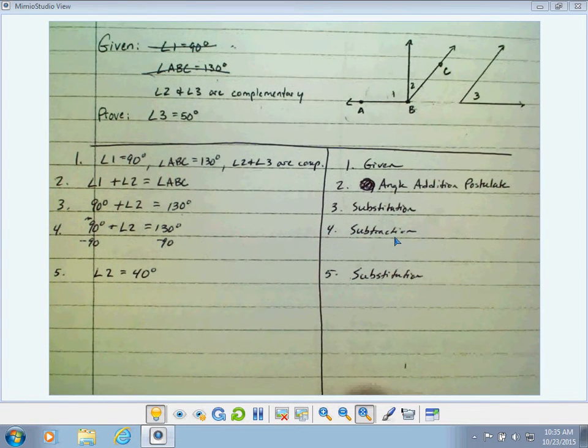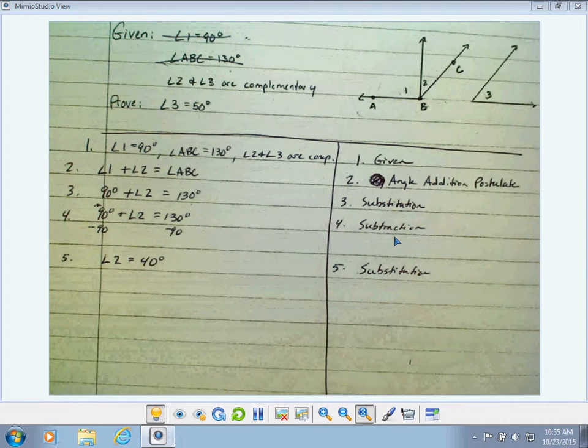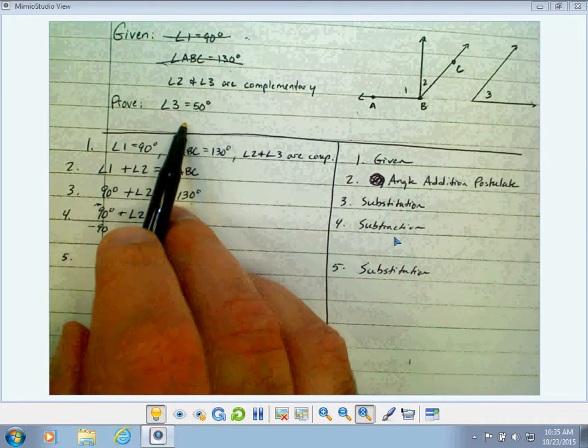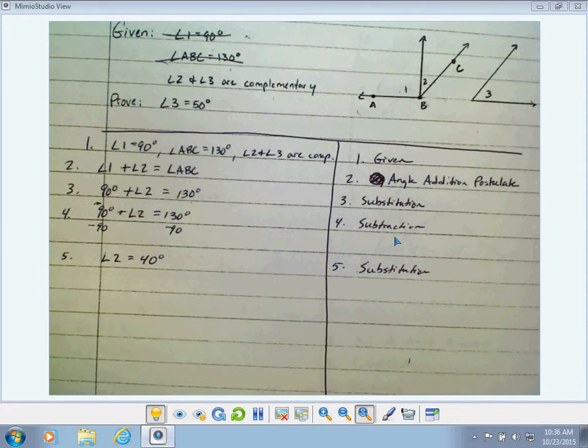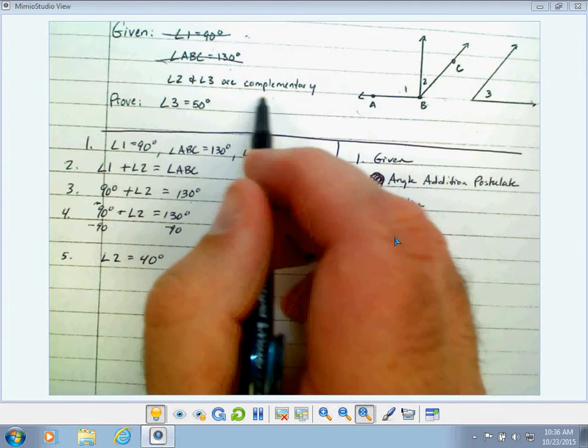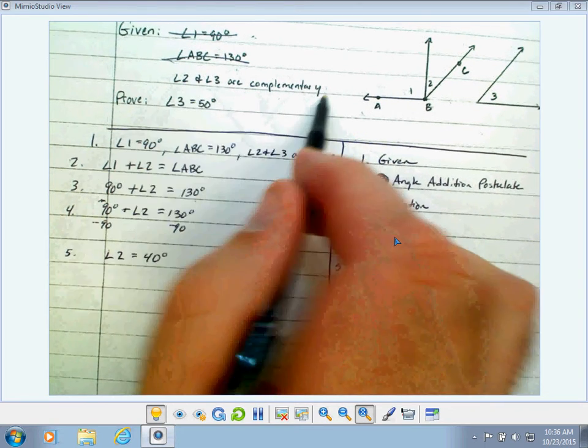So here's the thing, okay, so I managed to prove that angle 2 equals 40 degrees. The problem is I was supposed to prove that angle 3 is 50 degrees. But if you look at where I'm at, it looks like I'm done. So where do I go from here? Well, remember that we did not use all of the given yet. We still have this idea.